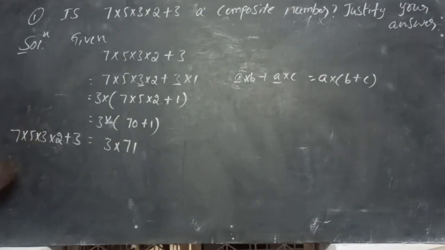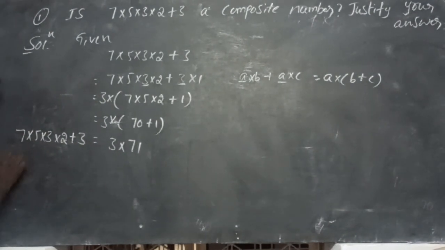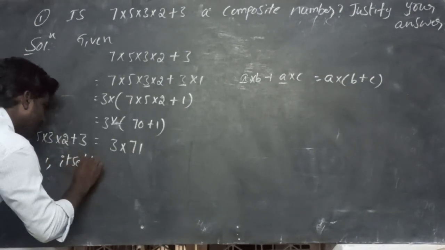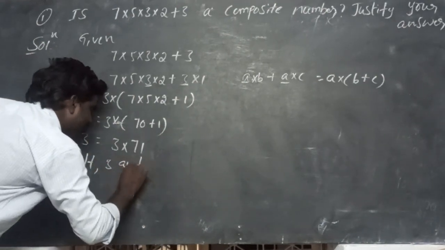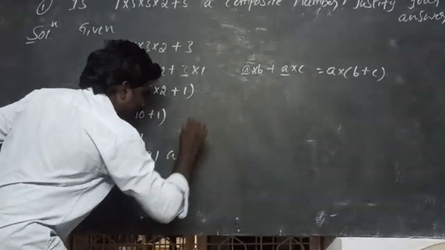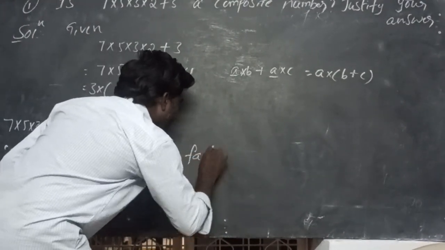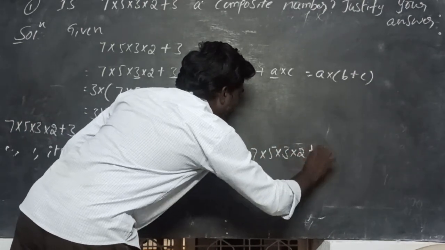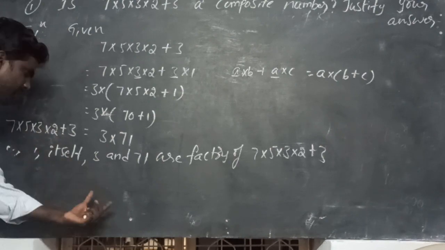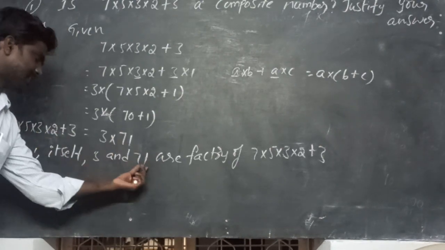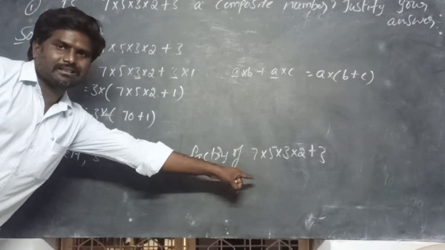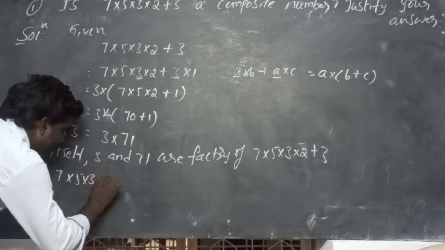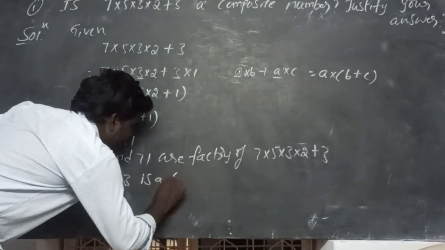So 1, itself, 3 and 71 are factors of that number. Therefore 7 into 5 into 3 into 2 plus 3 is a composite number.